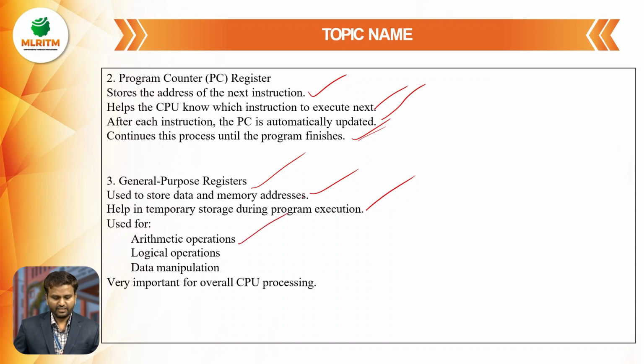It is used for arithmetic operations, logical operations (AND, OR, NOT, XOR), and data manipulation, which means arranging and rearranging data and making changes to it. It is very important for overall CPU performance.